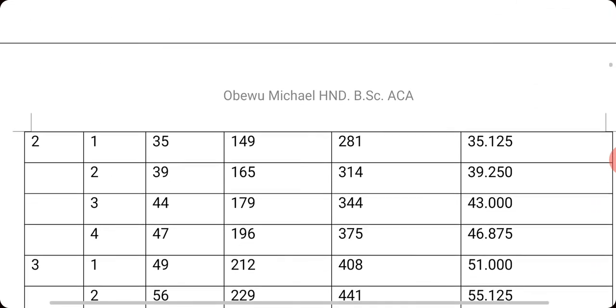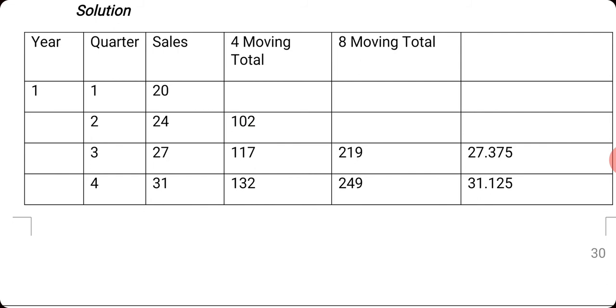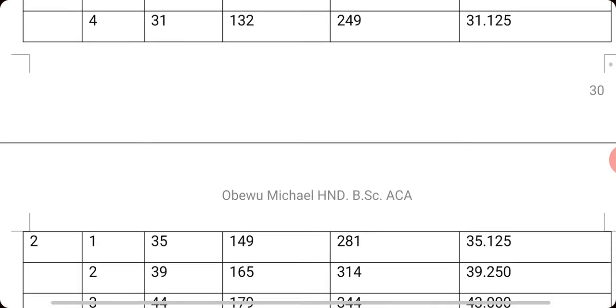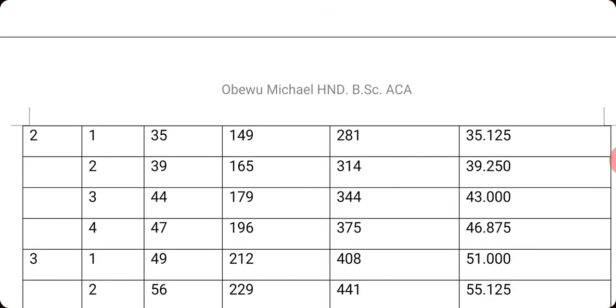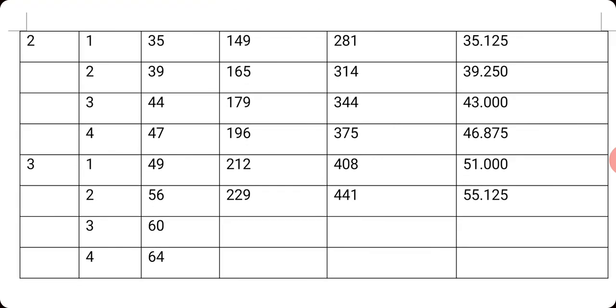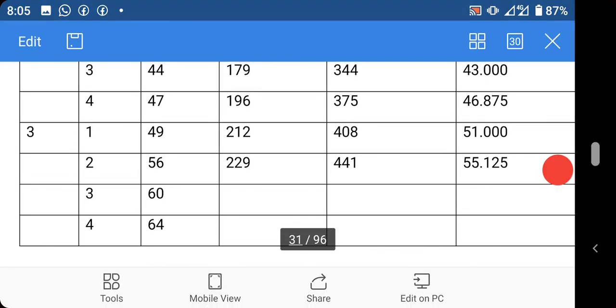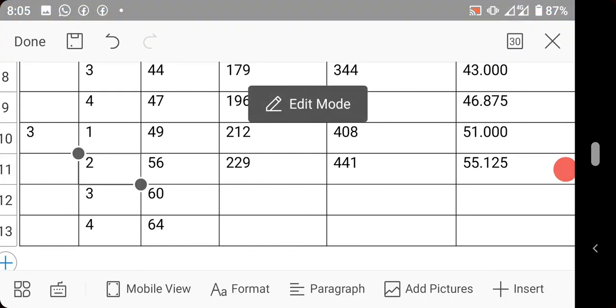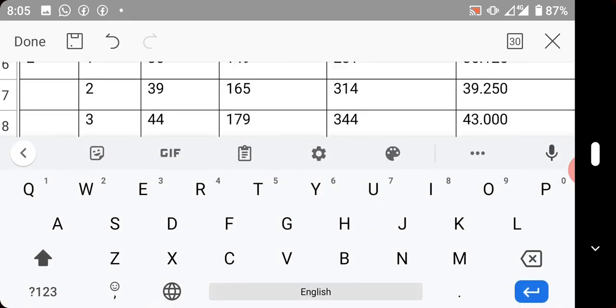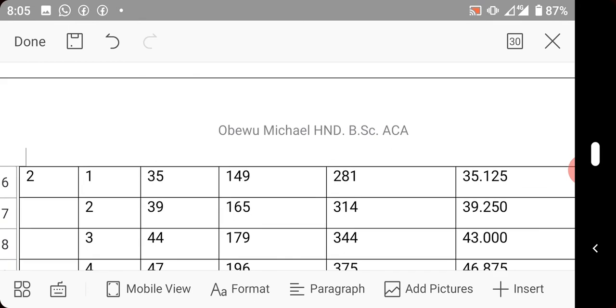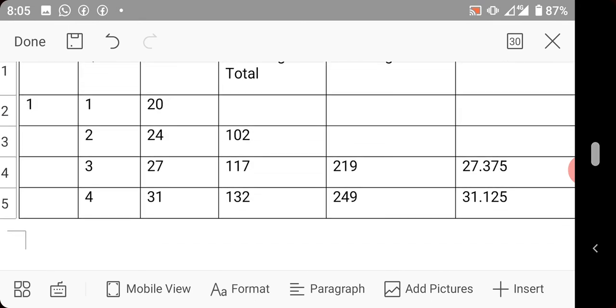Let's count. 1, 2, 3, 4. This one becomes 5, 6, 7, 8. This one becomes 9. This one becomes 10. So that is how we got our 10. Whereas the first value is at the 3rd row. So that is how we got it.